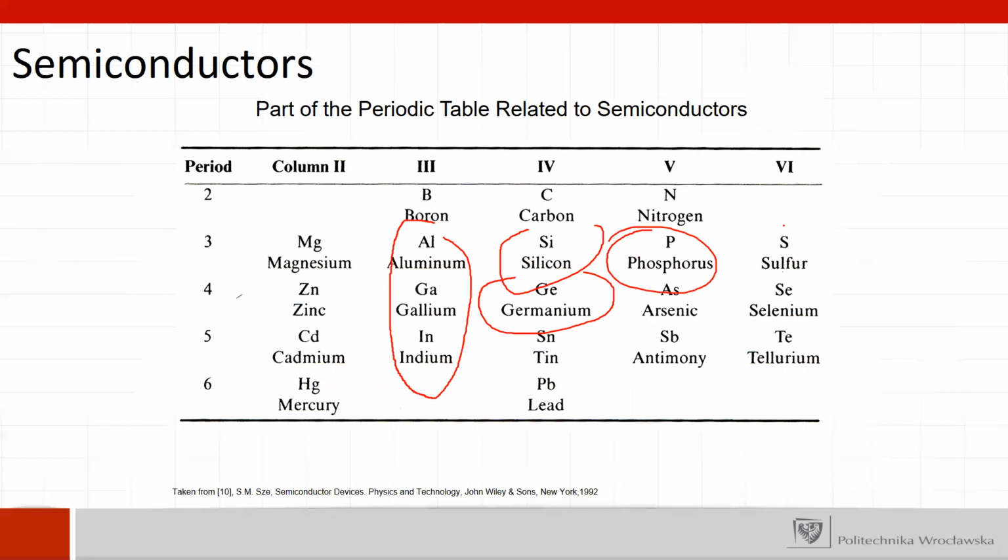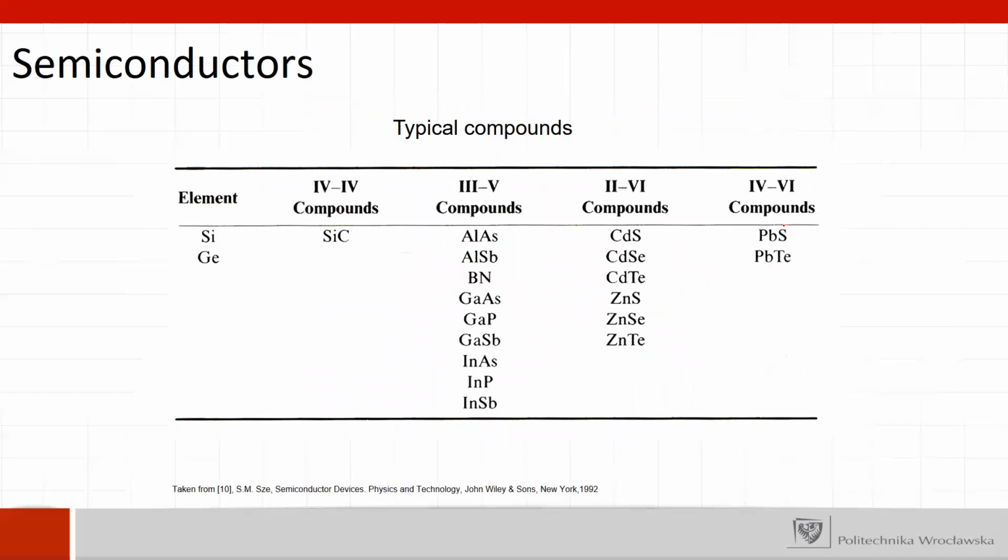Maybe these are the most popular elements, and they form compounds. So the 3-5 compounds like gallium phosphide, gallium arsenide, indium arsenide, indium phosphide. These are typical semiconductors that are used for making lasers.